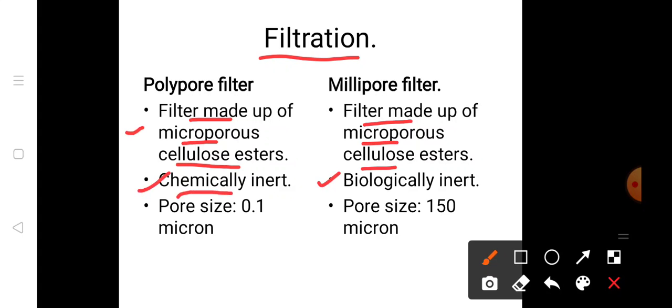Biologically inert means that they do not interact with any kind of biological agent, but chemicals can. The pore size is about 0.1 micron, and in the millipore filter the pore size is 150 micron.